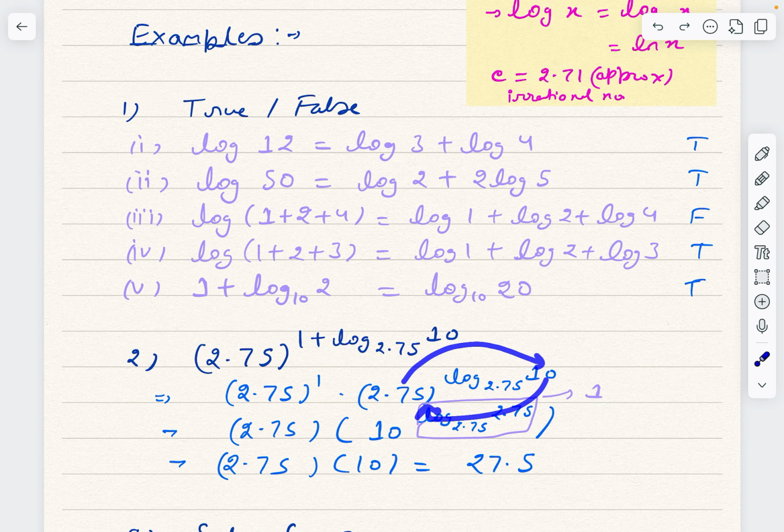So 2.75 and the 10 we can interchange. It will become 10 power log base 2.75 of 2.75. And log base 2.75 of 2.75 will be 1 using the first property. So it will become 10 power 1, which is 10. Here, 10 times 2.75, you get 27.5. I hope it is clear to all of you guys. Next.